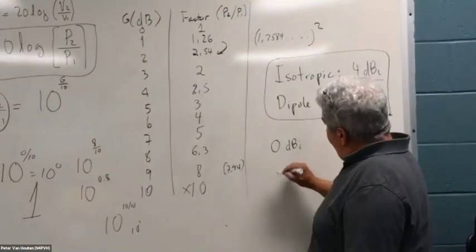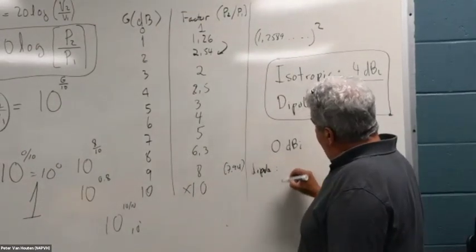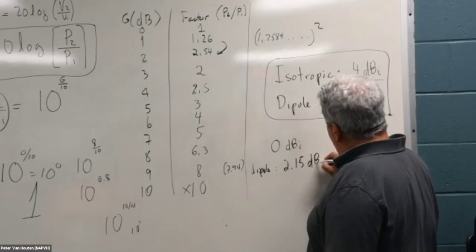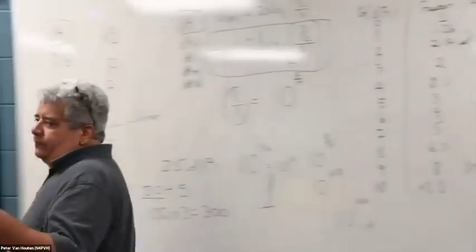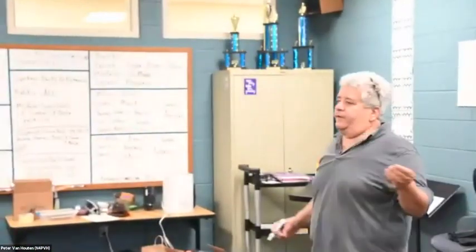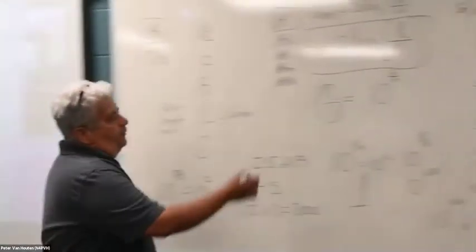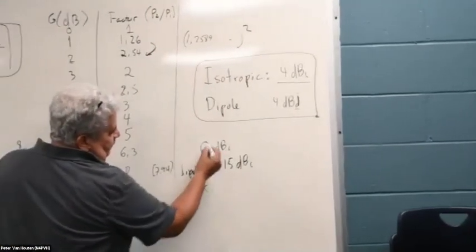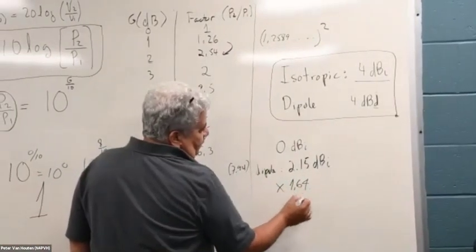And the dipole has 2.15 dBi. So the dipole has a gain of a little bit over 2 dB over an isotropic antenna. And if you apply this formula, it will give you that the power factor of a dipole over an isotropic antenna is 1.64.